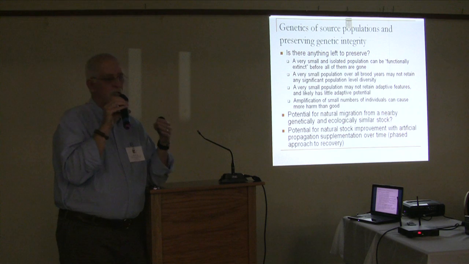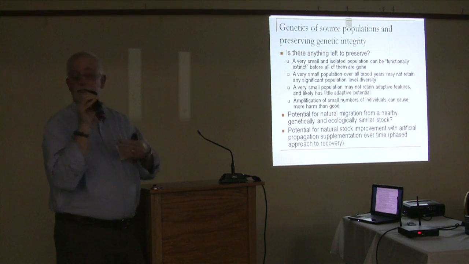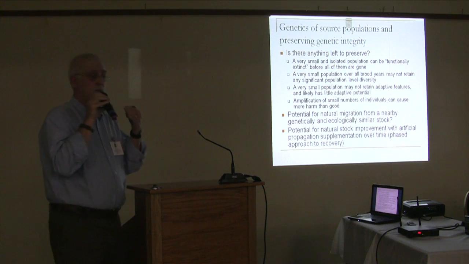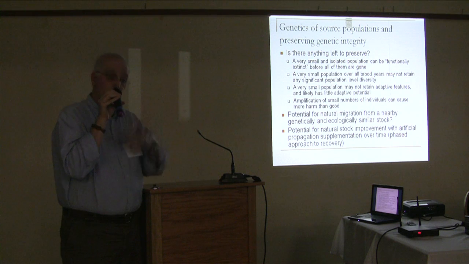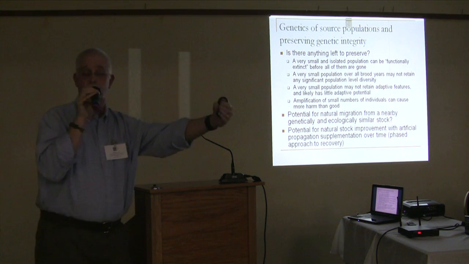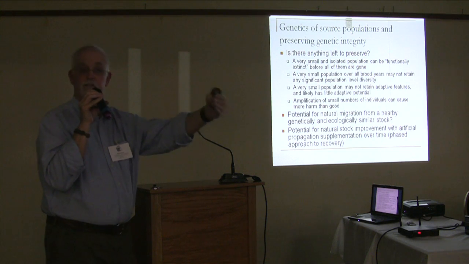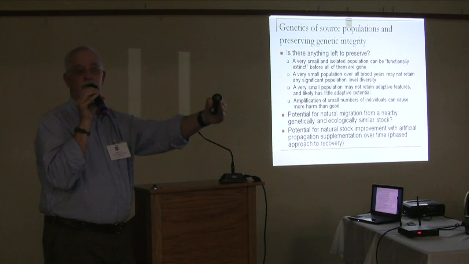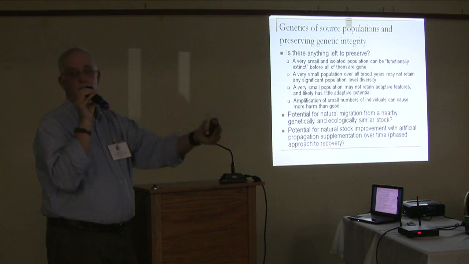The problem is that you typically can't get from where you are, which is low population size, fragmented distributions, low genetic diversity, and move from that place to the place where you want to be: high genetic diversity, large numbers of individuals, unfragmented distributions, connectivity among populations. You can't get there in one step.